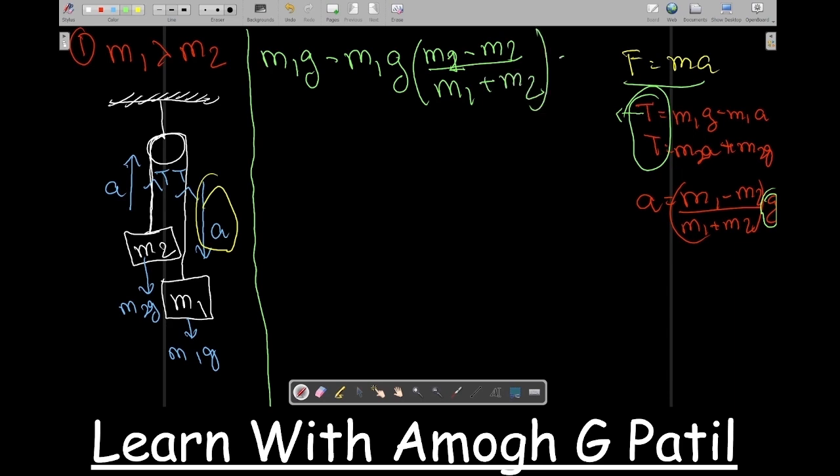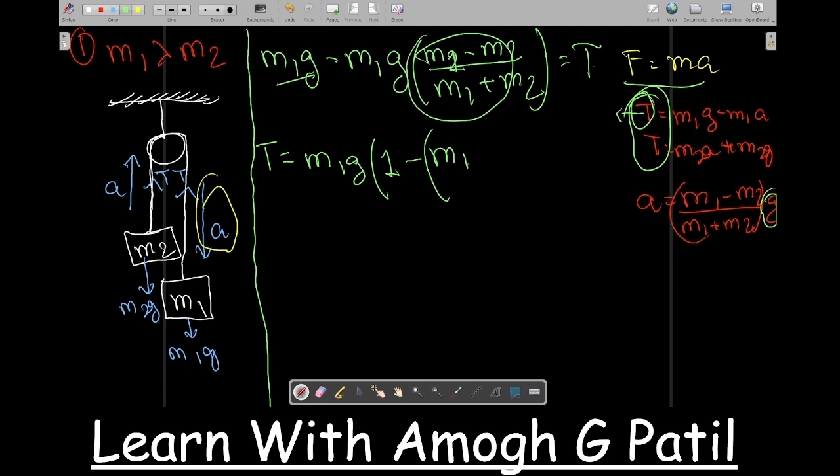We'll write this is equal to T. So T is equal to M1g common, M1g into 1 minus M1 minus M2 by M1 plus M2.